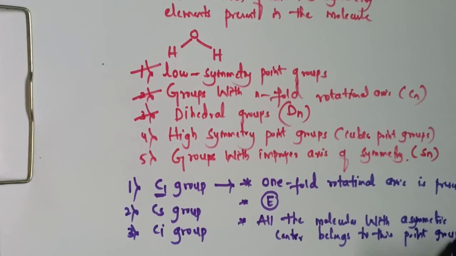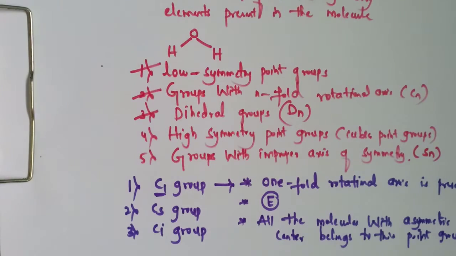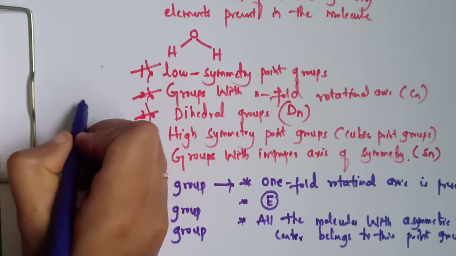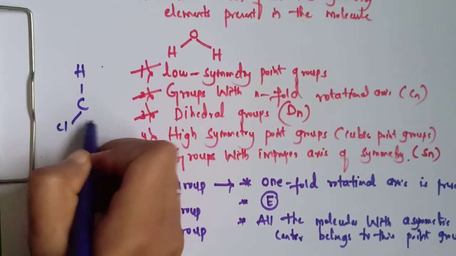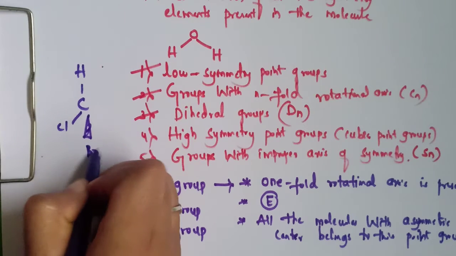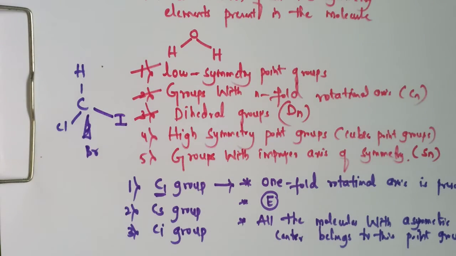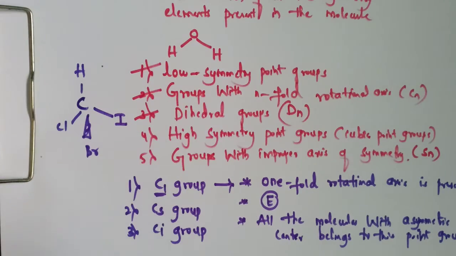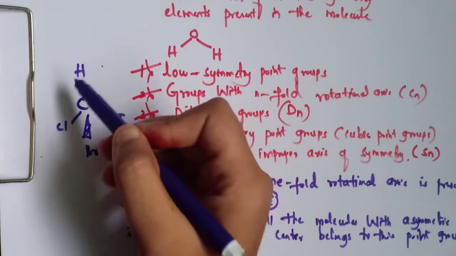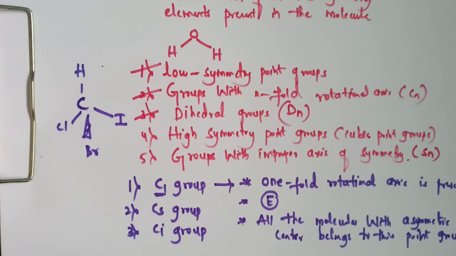Now let's take some examples for this. I'll write the examples here. See here, consider this example, CHClBrI. In this, there is a central atom. This is an asymmetric center. That means this H atom is different, this Cl is different, this Br is different, this I is different.